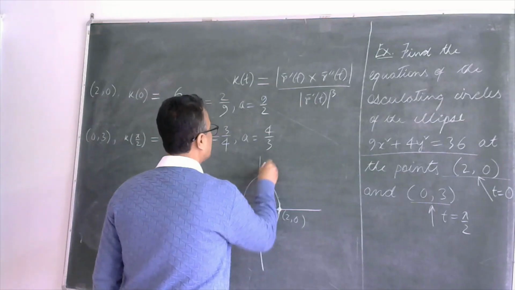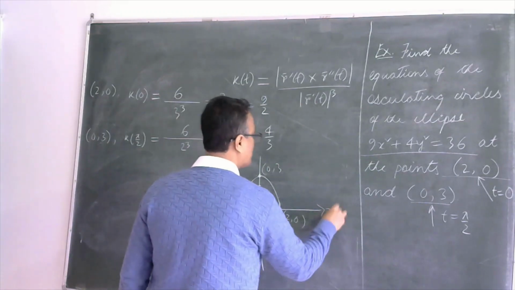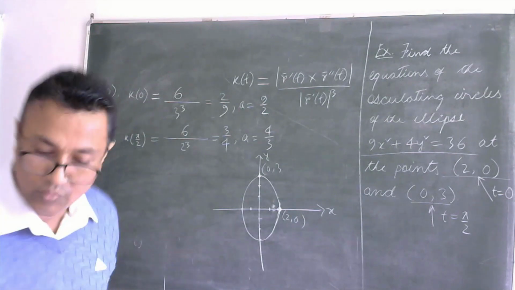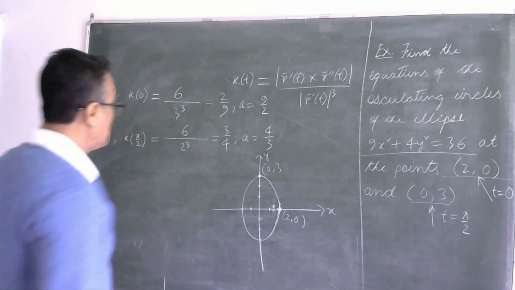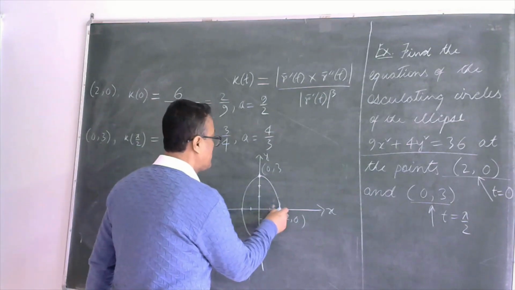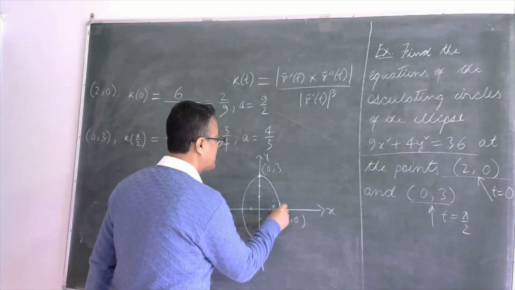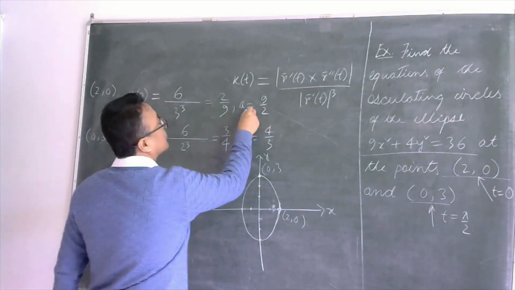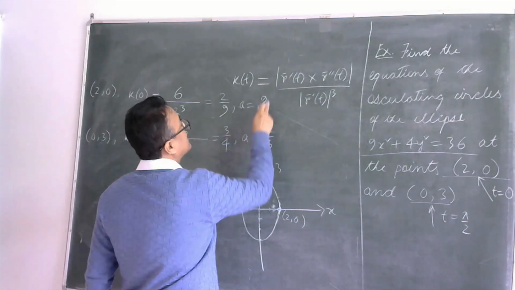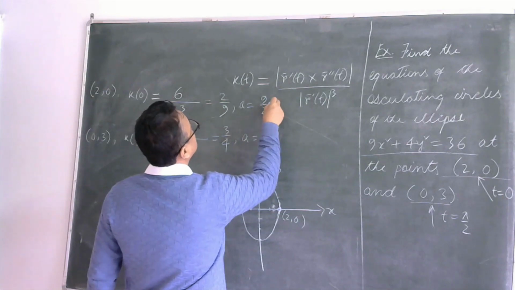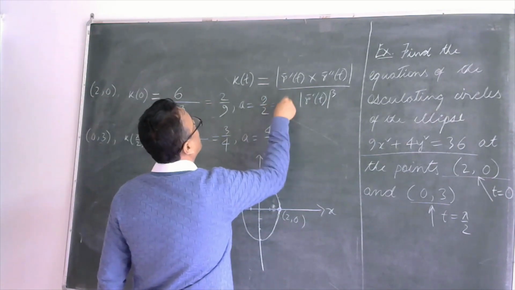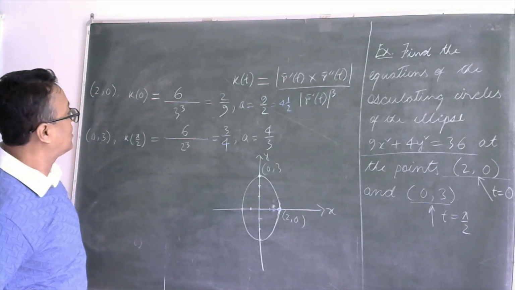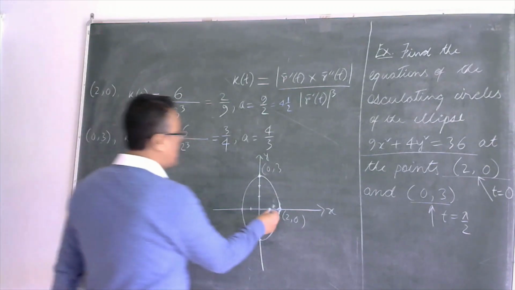This is (0, 3), where we have to find the osculating circles. Now, if you look at this point, what is being given? The radius of curvature is 9 by 2. So that means it is 4.5, right?